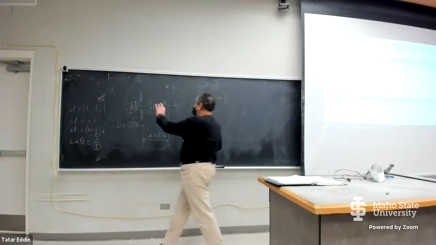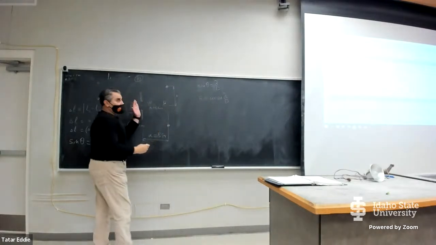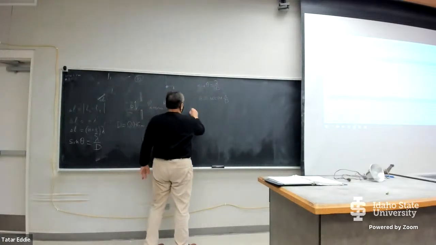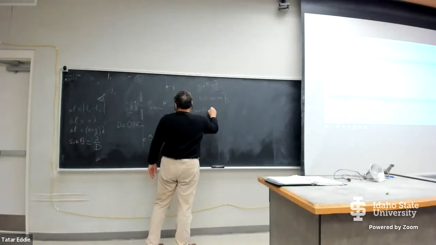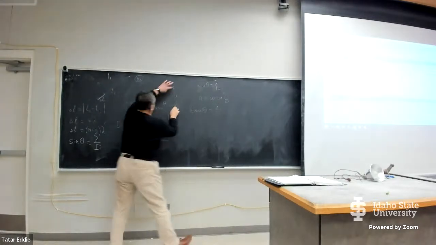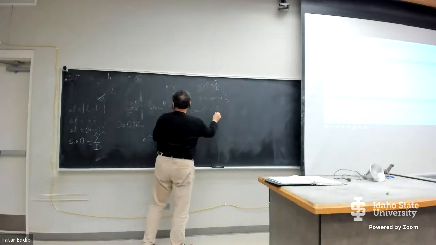So now, a right triangle with one side given and one angle given, you can say that tangent of that angle is equal to the unknown distance x divided by the adjacent side a.